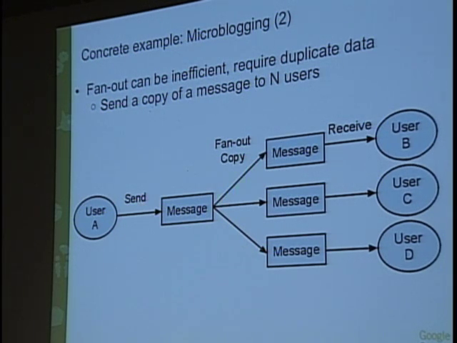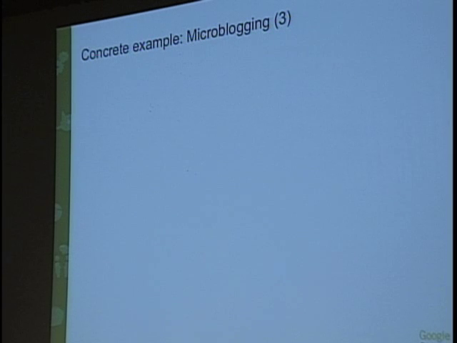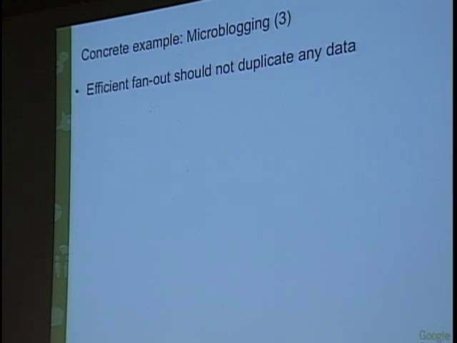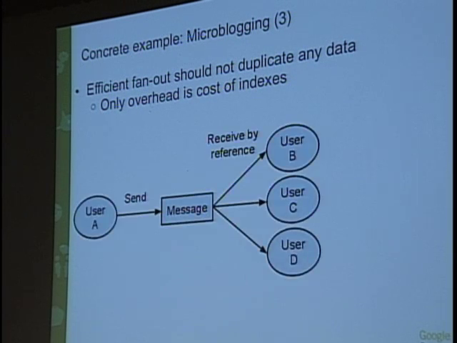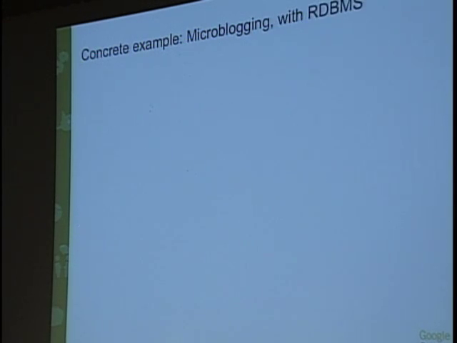That's fan-out done wrong. Efficient fan-out would avoid copying data, and we can, in fact, do this. Instead of sending the message and copying it, we can just send a reference. We can have each of those users get a unique identifier that will point to the original message. This saves us in storage space, computing time, etc.